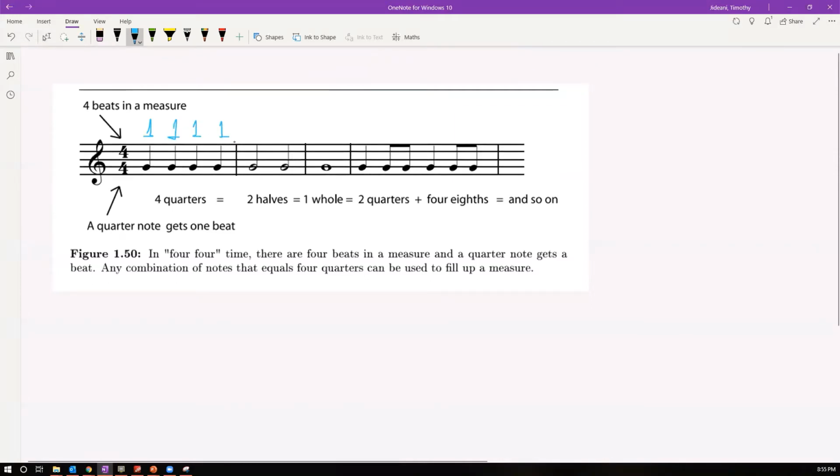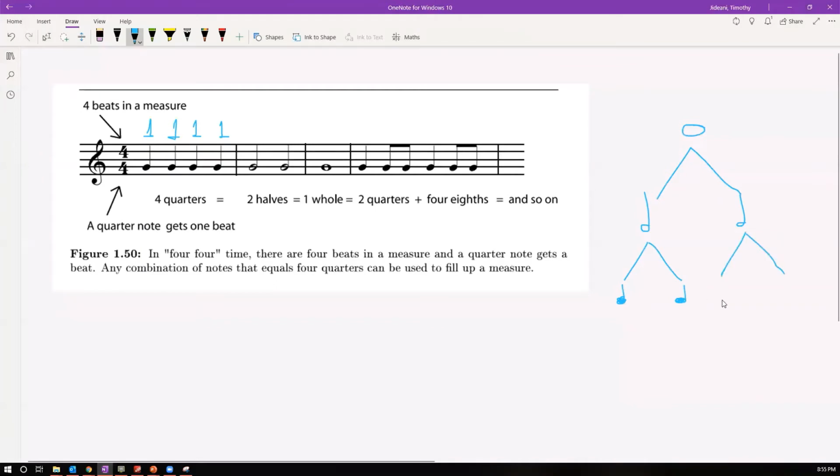All right. Now this is a minim, and we know based on our relationship that it goes down from our whole note to a minim. So 2 minims make 1 whole note. And then 1 minim is equivalent to 2 quarter notes.